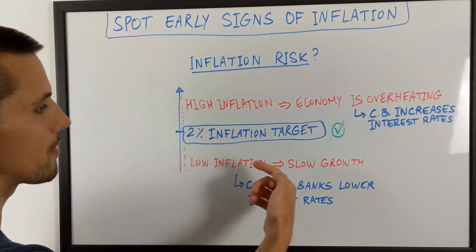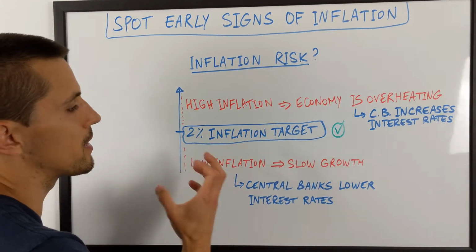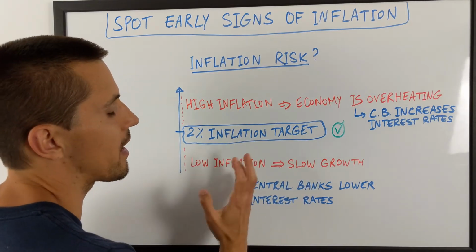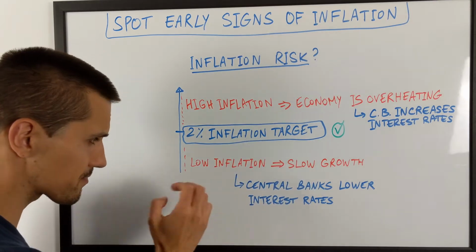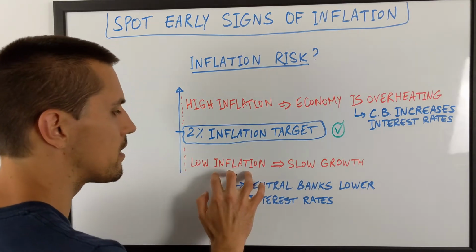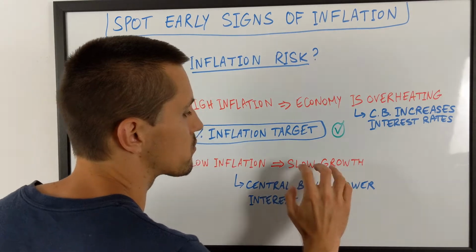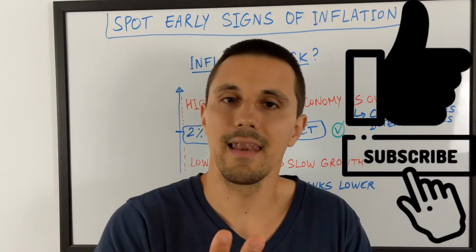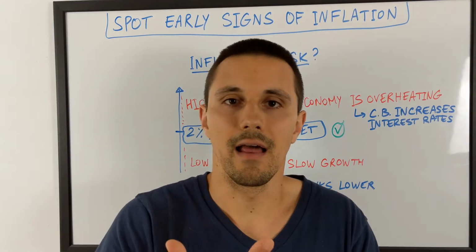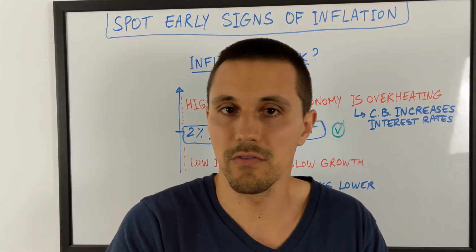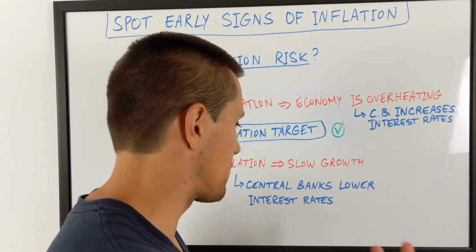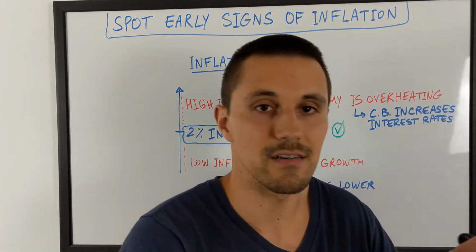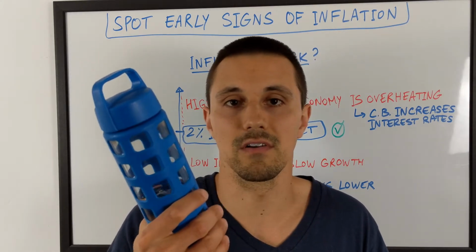Why? Because if you are below this target, so let's imagine your country like Germany or Japan has a very low inflation, like 0 or 1%. Well, low inflation usually leads to slow growth, and nobody wants slow growth because slow growth means fewer companies are being created, fewer people are on the job market, and basically there is less demand for, let's imagine, this bottle here, which is a consumer good, okay?